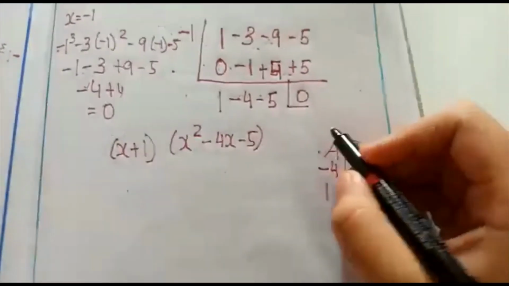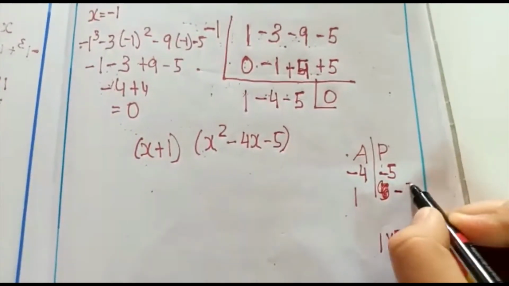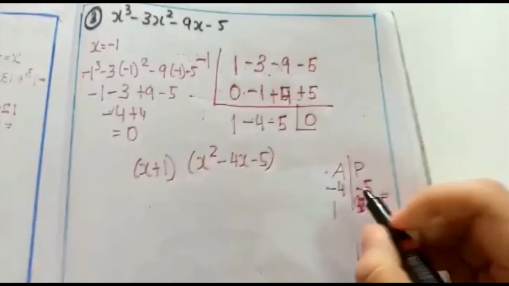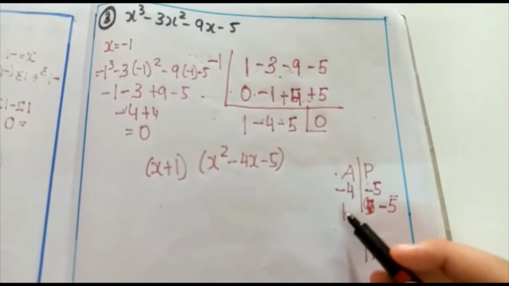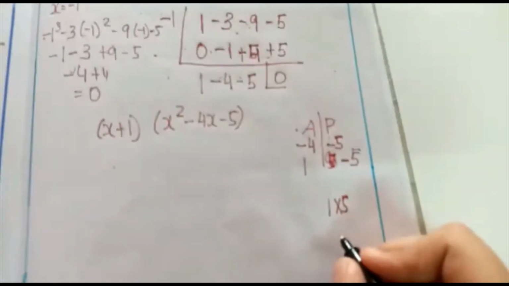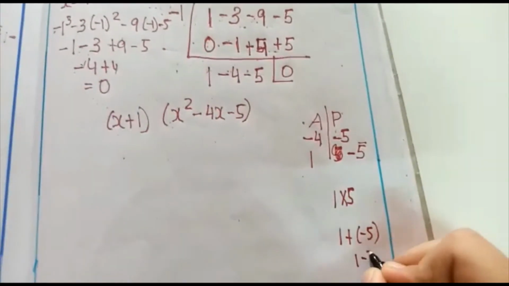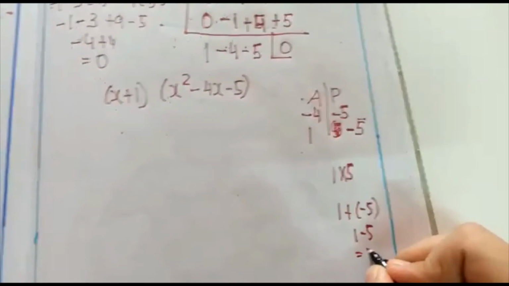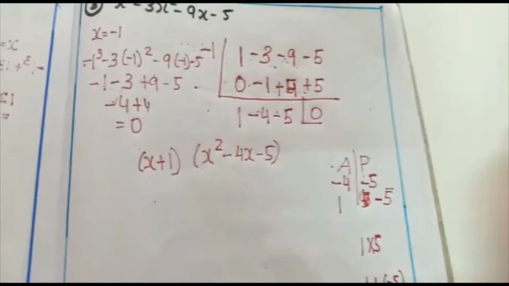So we write it as minus 5 and 1. Just see. 1 into minus 5, minus 5. 1 plus minus 5, that is 1 minus 5, which is equal to minus 4. So we got the answer 1 and minus 5.